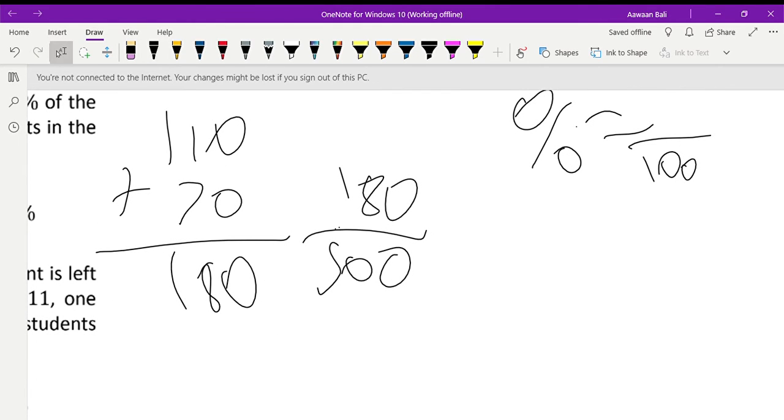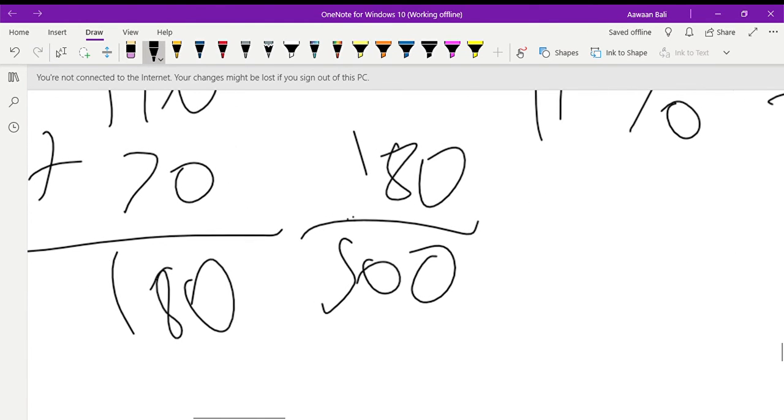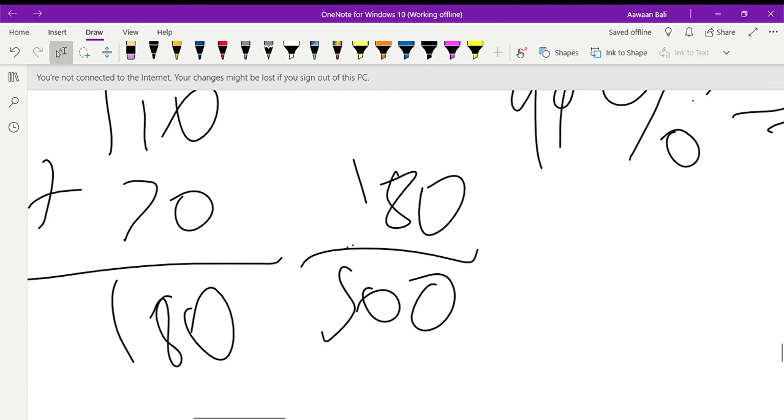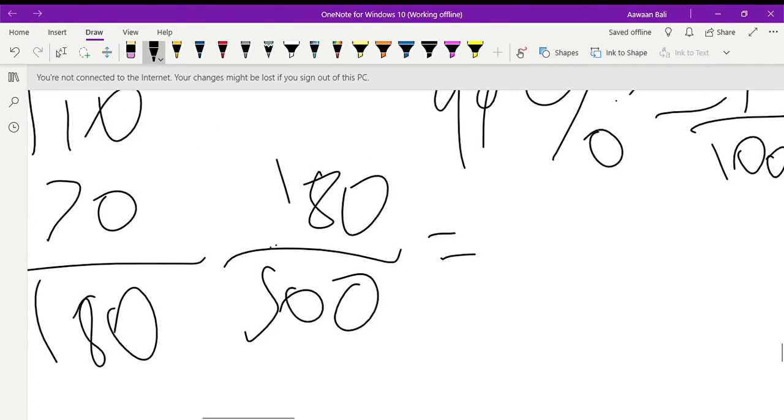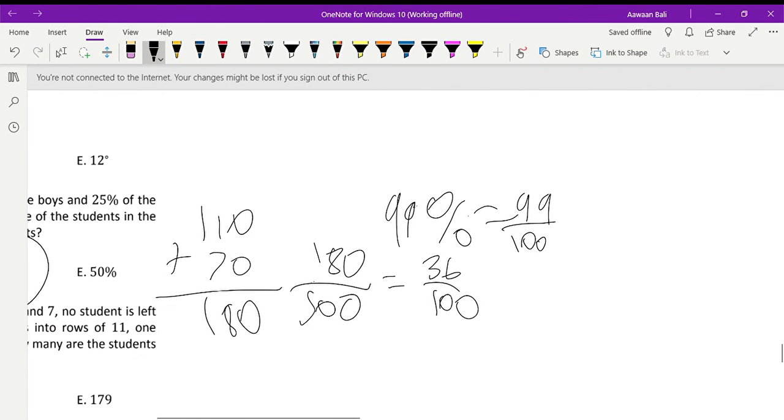So basically, if you have 99% on your exam, that means you got 99 out of 100. But there doesn't always have to be 100 questions. Like here, let's say this was a quiz with 500 questions. We just divide by 5 to simplify the fraction. So we get 36 upon 100 if you divide both by 5.